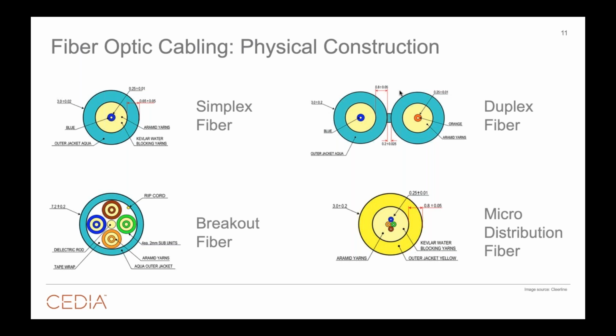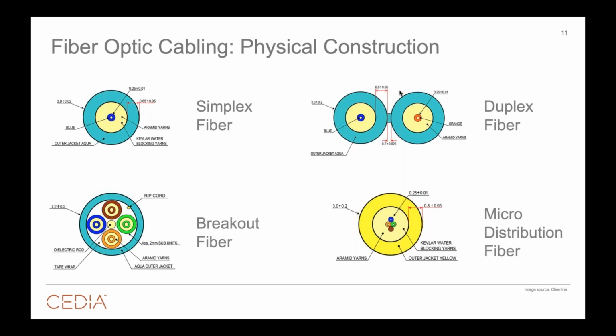Now, you also get into multi-strand applications where you may have 4 strands or 6 strands within that fiber optic cable, 12, 24, 48, right? You get into these high strand counts, and the beautiful thing about fiber is these are tiny little pieces of glass, tiny little strands of glass. So you can fit a lot of these strands in a pretty tight jacket.